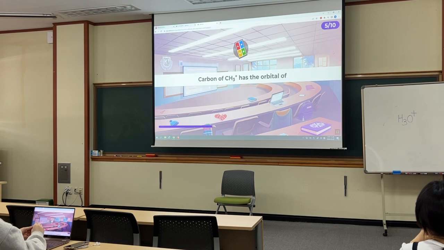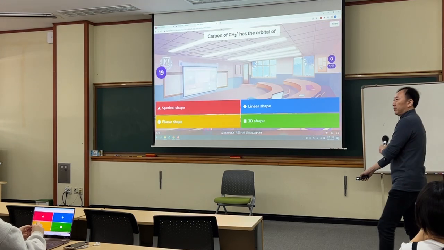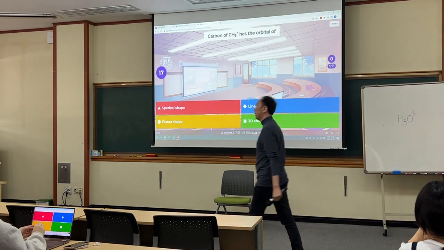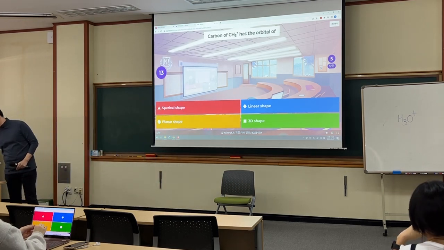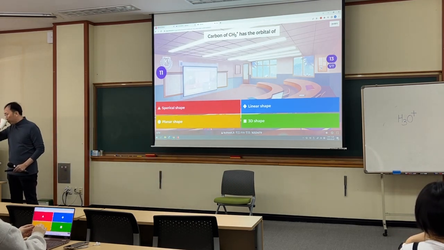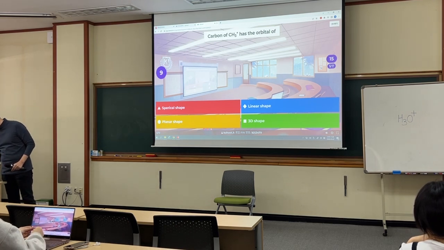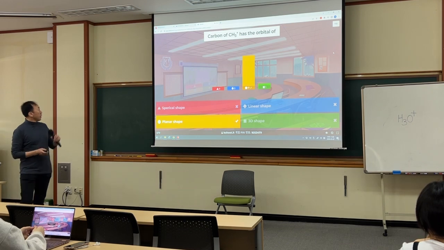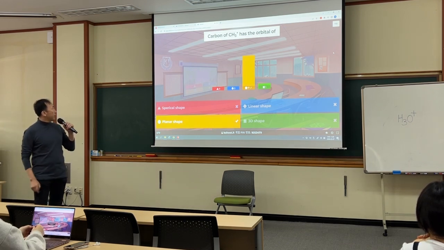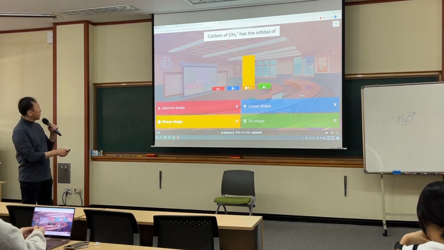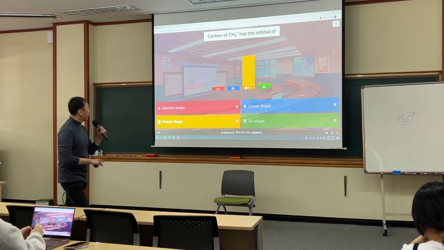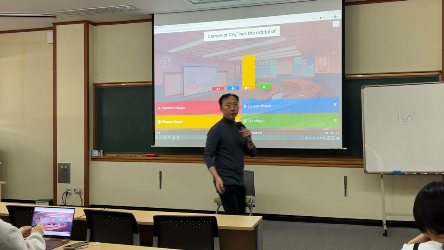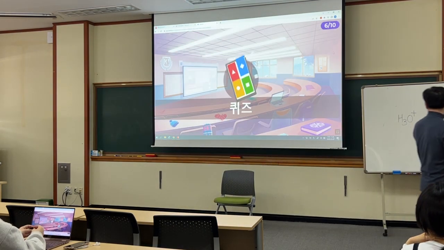Now organic molecules. Okay, we already have studied this. This carbocation should have sp2, right? sp2 orbitals should give a planar structure, right? So there is a review.